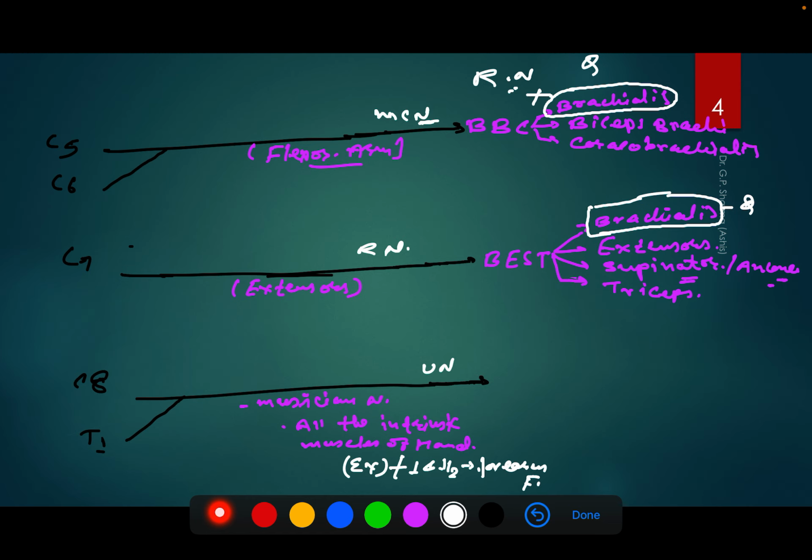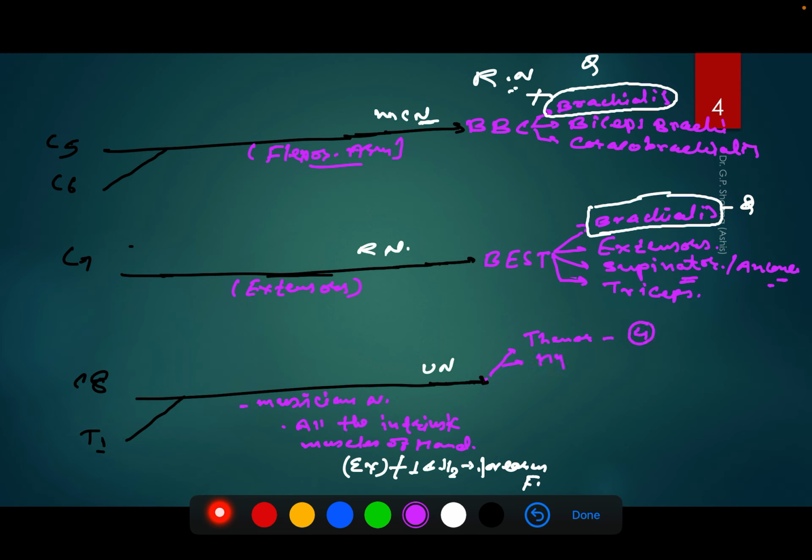So the ulnar nerve is supplying all the intrinsic muscles. So what are those intrinsic muscles? Let's list these intrinsic muscles. Intrinsic muscles are the thenar muscles, we have 4.